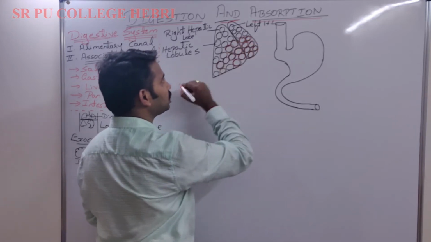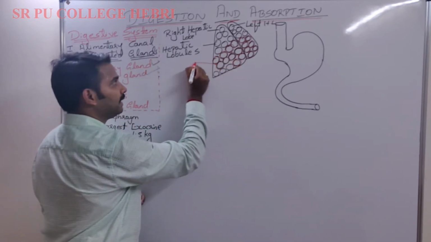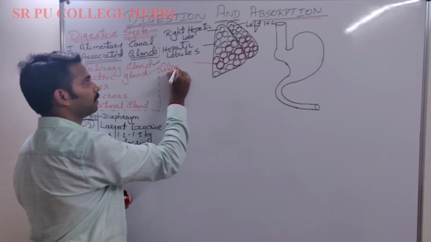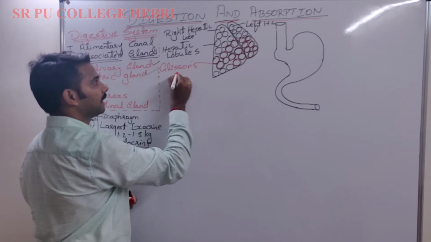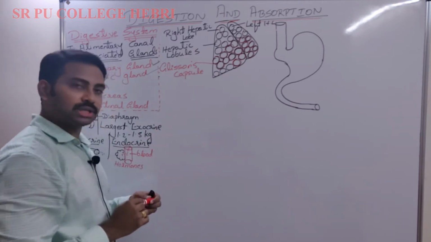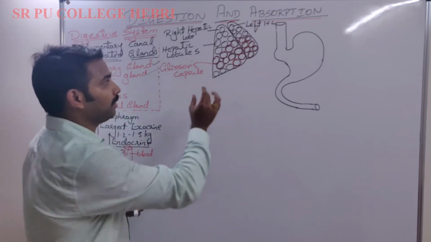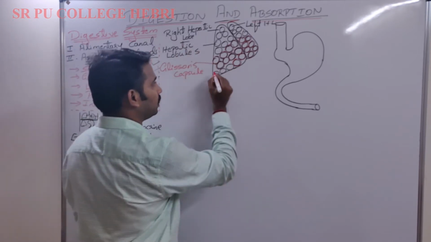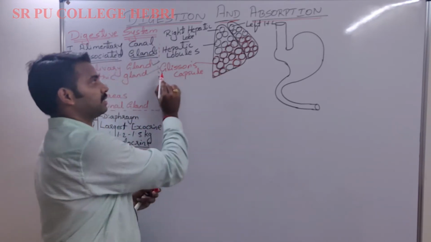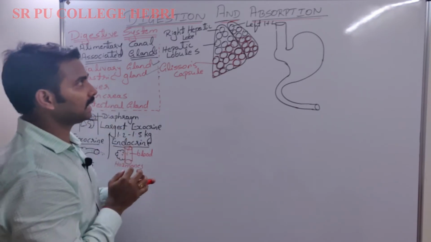Each lobule is covered by a connective tissue. That connective tissue is called Glisson's capsule. One mark question. The connective tissue covering the lobules of the liver is called what? Glisson's capsule. It is a connective tissue.